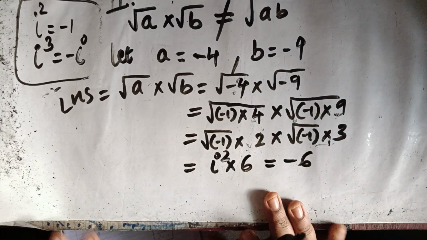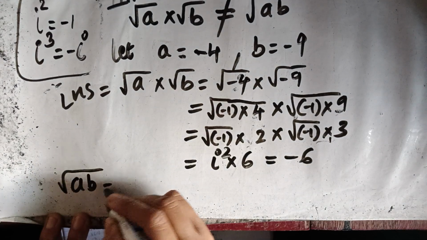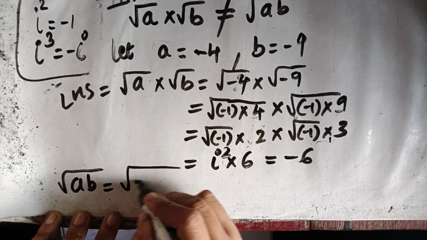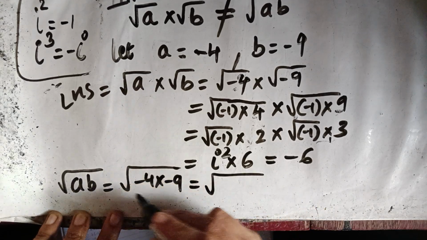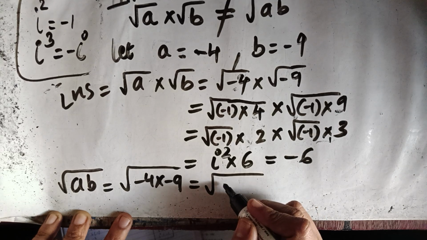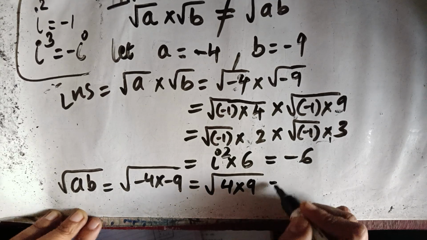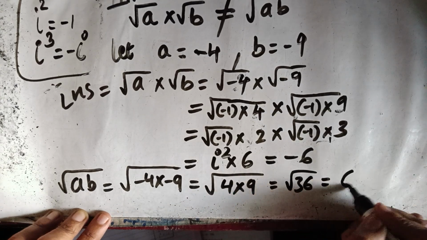LHS is minus 6. What about RHS? Minus into minus, plus. So this is root 36, which is 6.